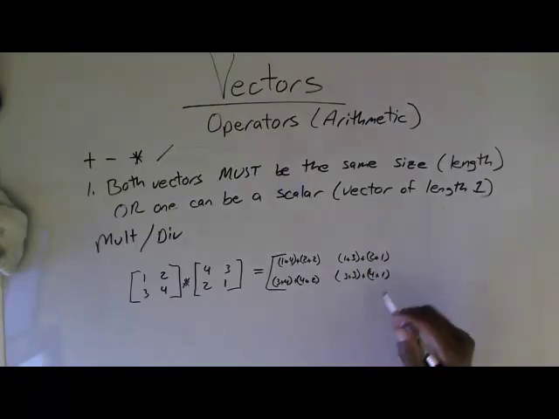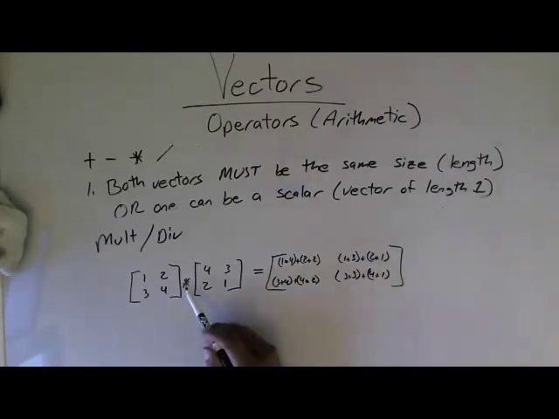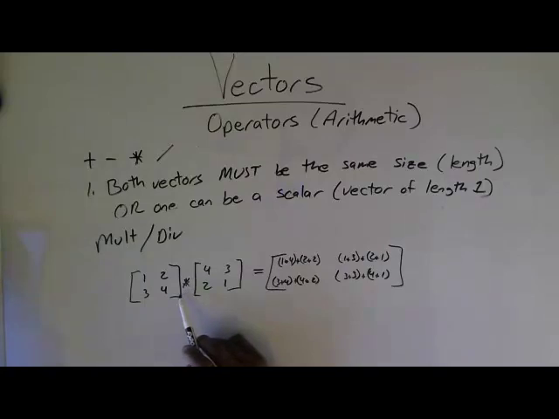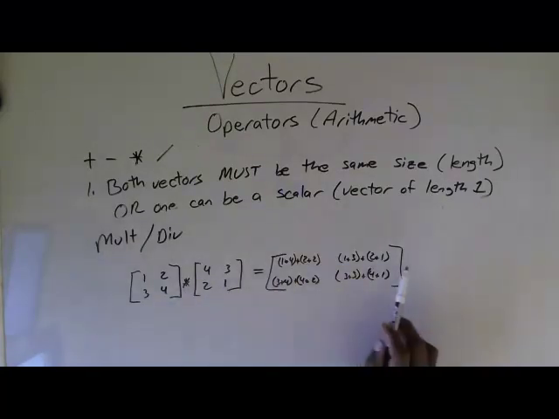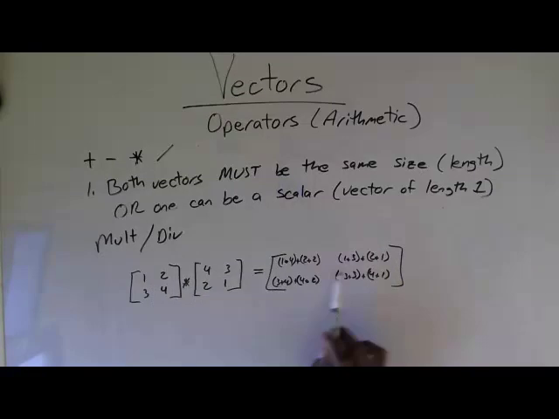So you get this, and then you do the multiplication and addition, and you wind up with a matrix or an array over here. So this is when you talk about multiplying and dividing vectors or matrices or arrays. This is how you truly multiply them in the world of math. This is not element by element multiplication and division. This is not what we want at this particular point in time.